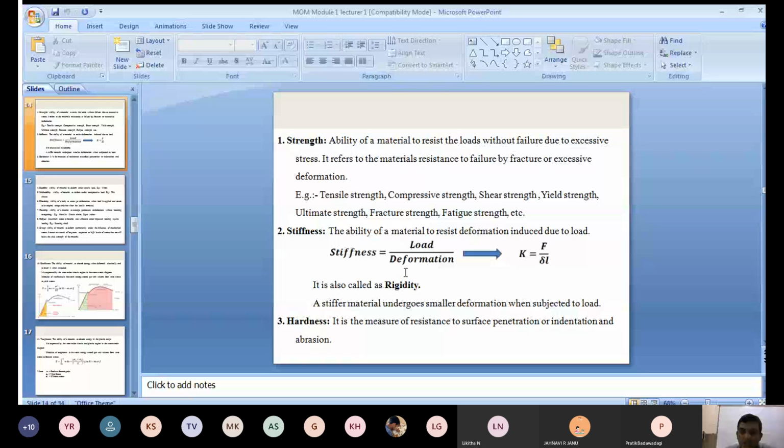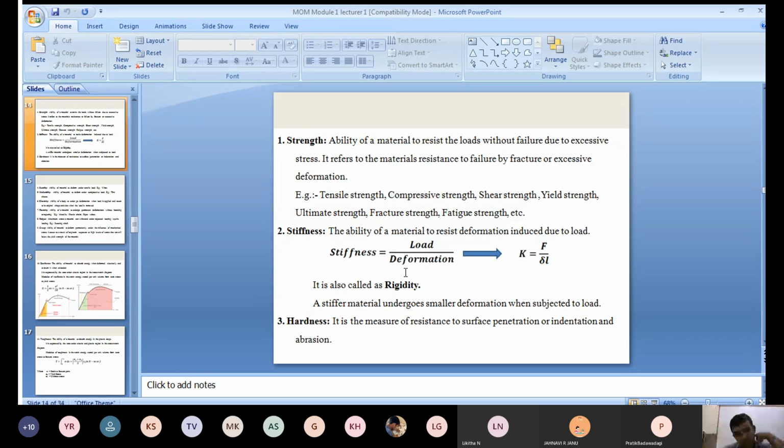When you go to design any component, first we should know design against strength. Second one, design against stiffness or design against rigidity. Design against strength means whenever a load is applied on a component, the stresses are induced in the component, and if the induced stresses are less than the allowable strength of the material, then you can say the design of the component is safe.